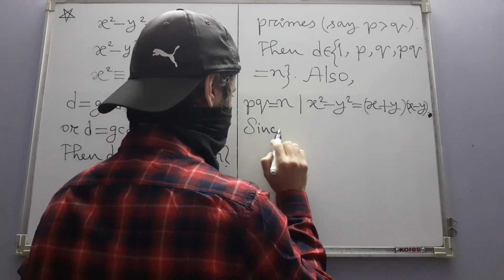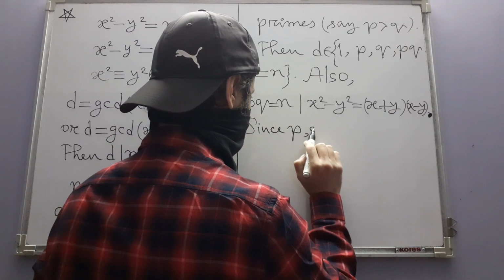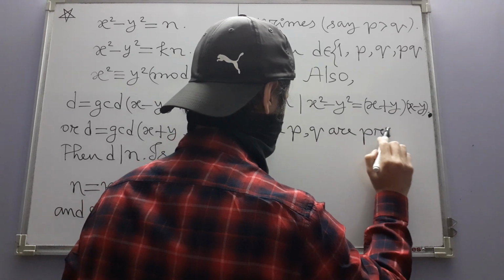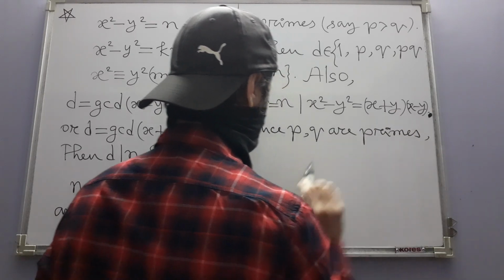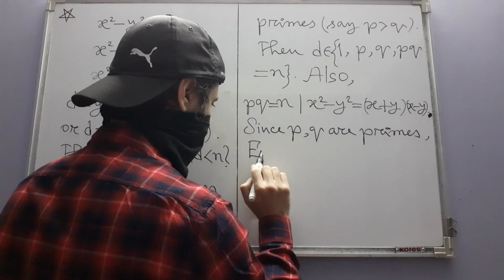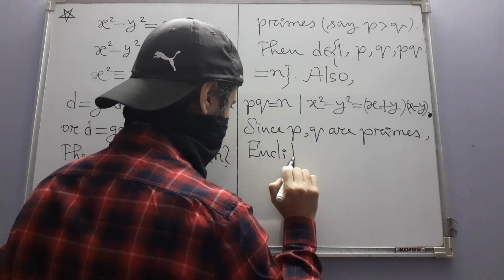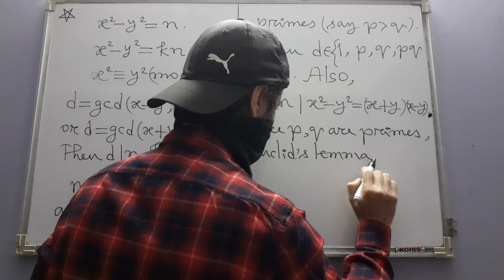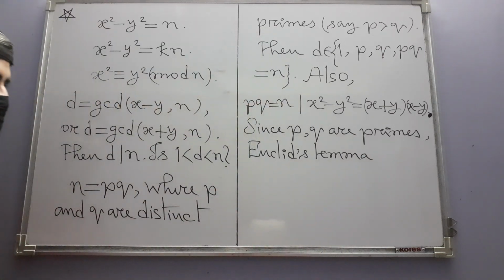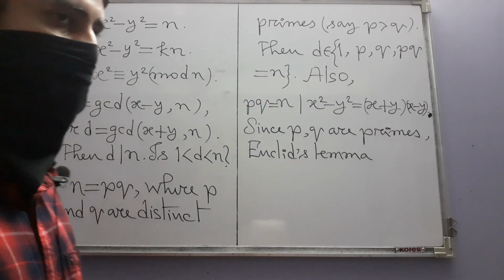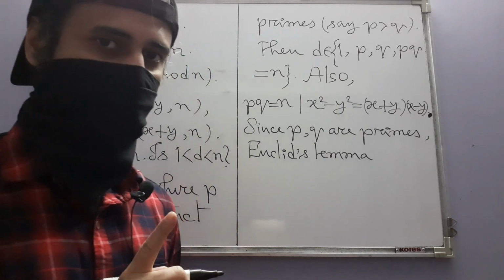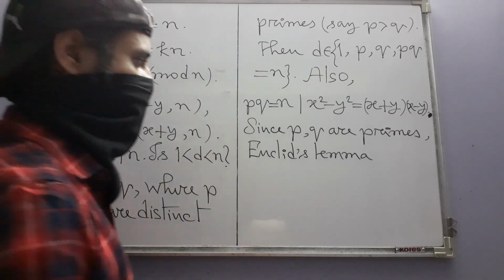Now since p and q are primes, Euclid's lemma, you recall that property of primes which says that if a prime divides the product of some integers, then it has to divide at least one of them. That is Euclid's lemma.